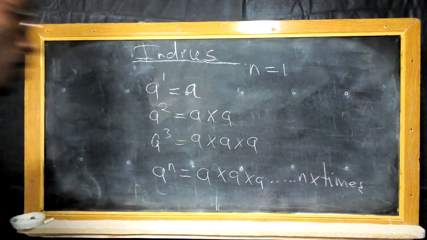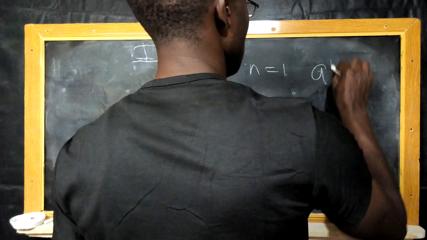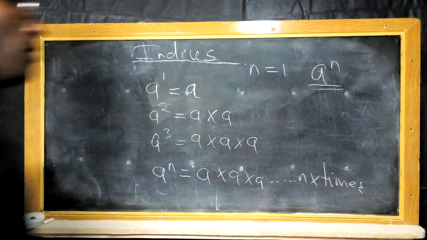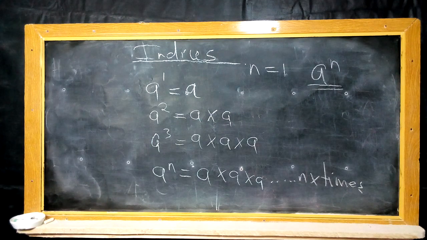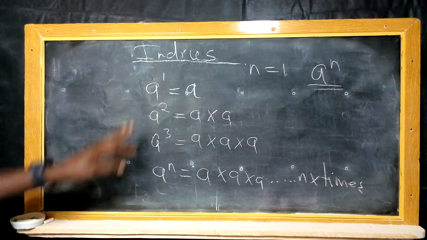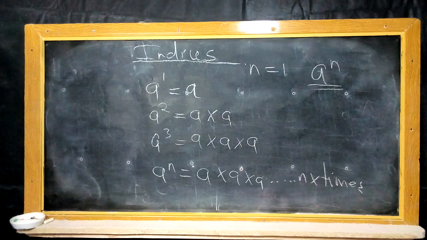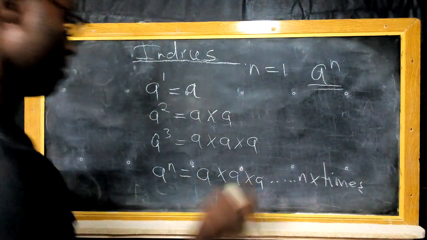So in that case, other expressions that are expressed in this form, the general expression for an index, which is given as a raised to n, can be given in this form. Now there are specific rules which need to be satisfied in order to express these indices.